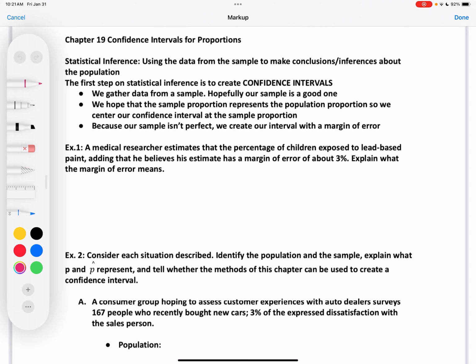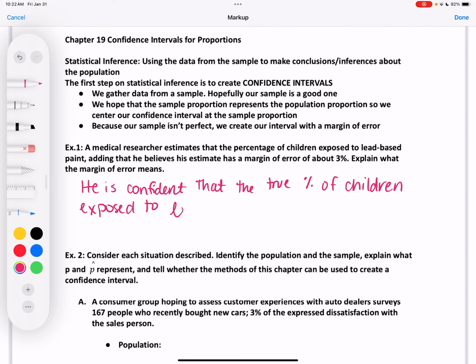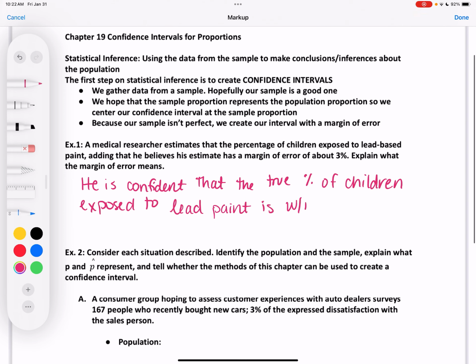So basically, what this means is he is confident that the true percent of children exposed to lead paint is within 3% of his estimate.